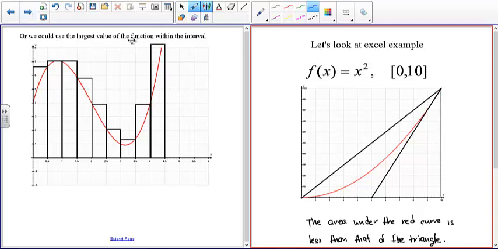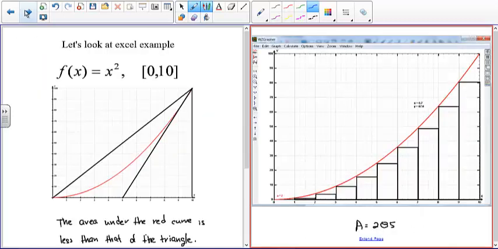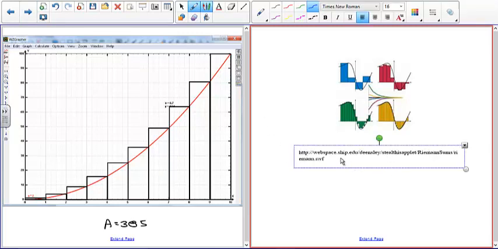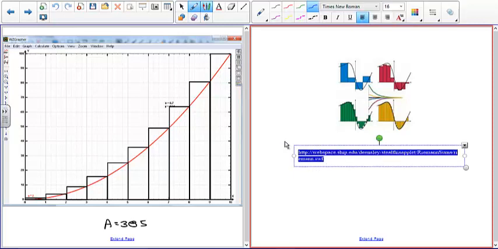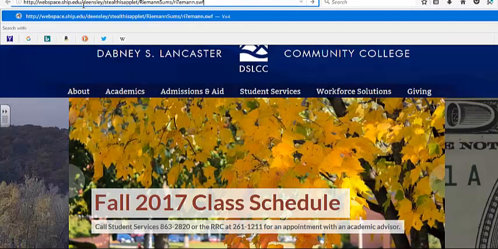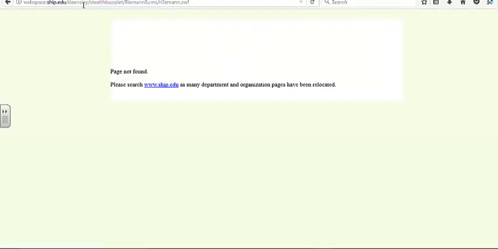So I'm going to do something here. I want to look at this. I have an app. Hopefully this is working. The link's still working, so let's try that. Oh, doesn't like that.